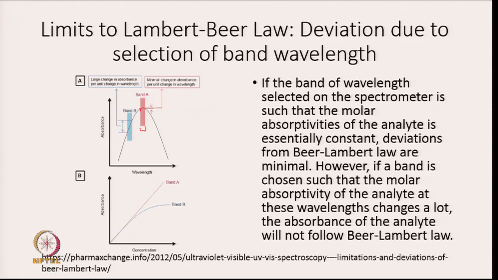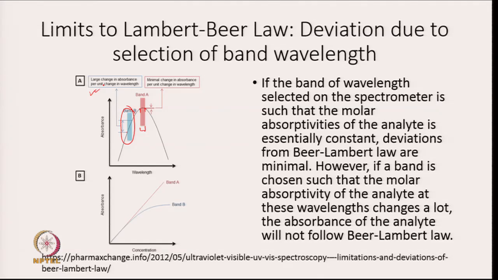So, if you go from this point to this point, the change in absorbance is not very high, but suppose I take here, a change in the wavelength will lead to a large increase in absorbance. So, a large change in absorbance per unit change in wavelength.